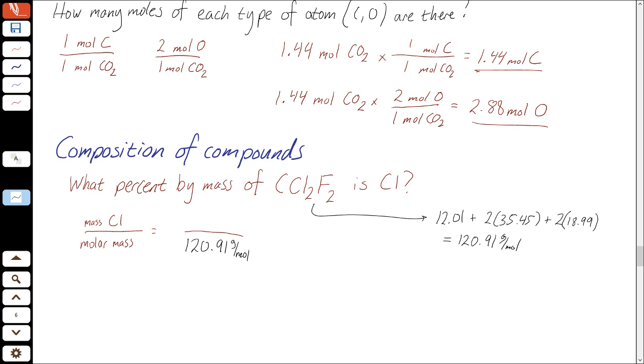So we have to talk about the total amount of chlorine in the compound, which is going to be 2 times that mass of chlorine. All right, so if we calculate that out, we're going to get 0.5864, which is 58.64%. So this compound is 58.64% chlorine by mass.